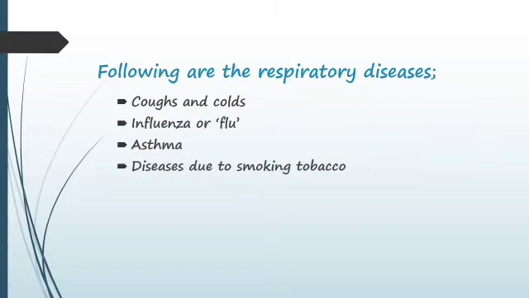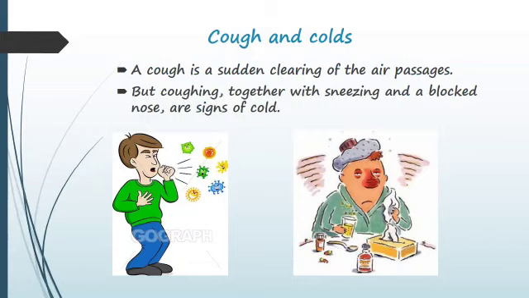So the following are the respiratory diseases: cough and colds, influenza or flu, asthma, and diseases due to smoking tobacco. First we will discuss cough and colds. A cough is basically a sudden clearing of the air passage, but coughing together with sneezing and a blocked or runny nose are signs that you have a cold.